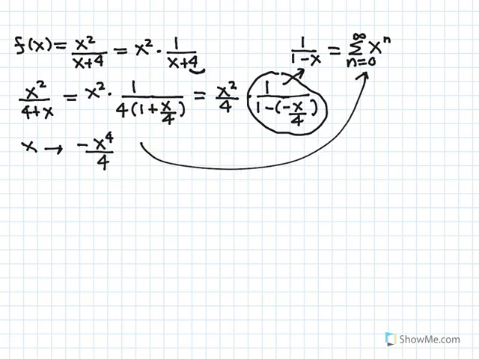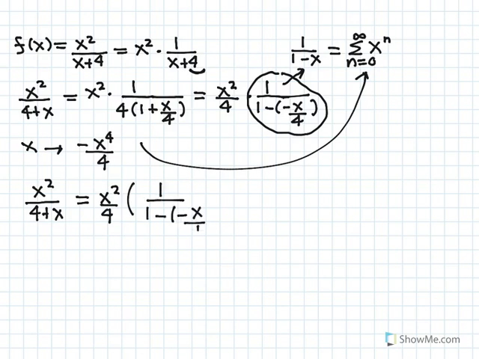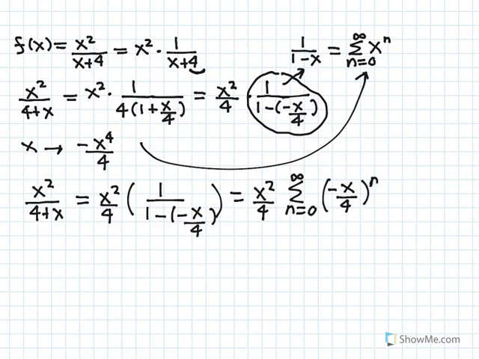All right, so now replace x by minus x over 4 into this formula, and we get x squared divided by 4 plus x. This is equal to x squared over 4 times 1 over 1 minus x over 4. And that gives us x squared over 4 times summation n equals 0 to infinity of minus x over 4 to the power of n.